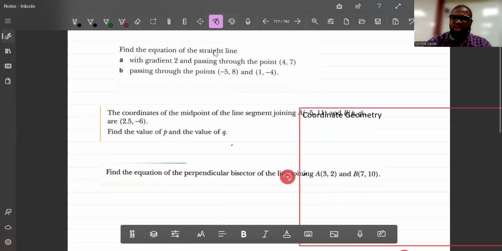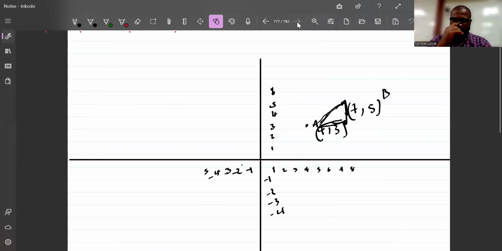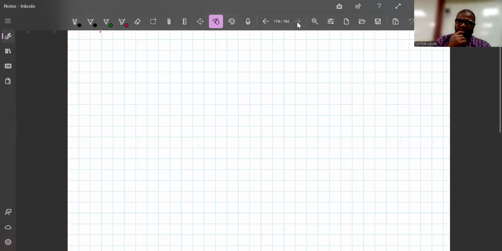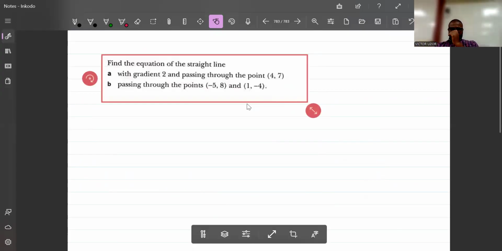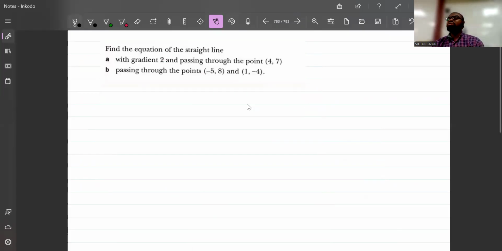Now let's look at the first question we are going to solve. Remember the formulas that I've taught you. The first question is this. They say find the equation of a straight line. They are giving you two equations of the straight line to find: one has a gradient and a point, the other does not have a gradient.